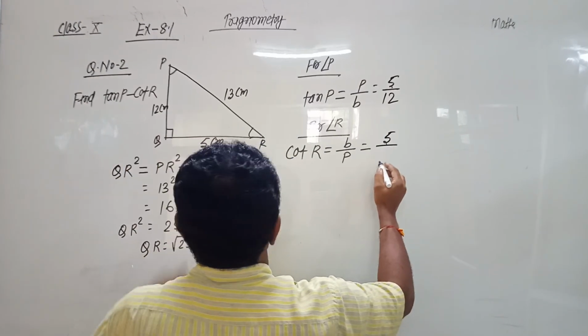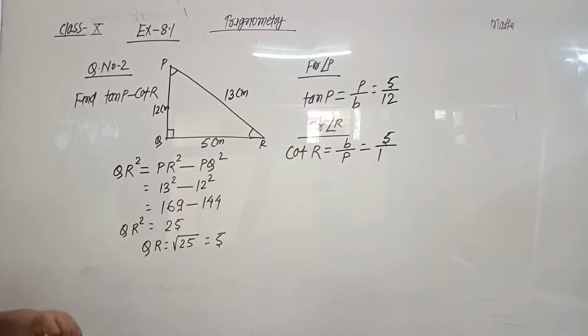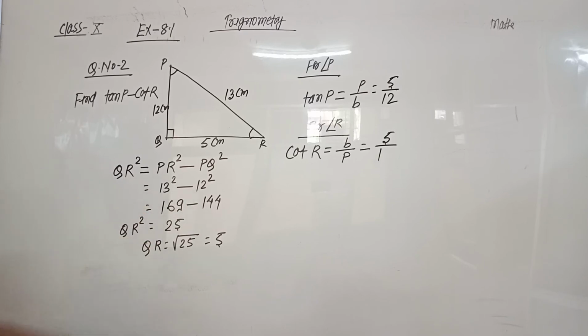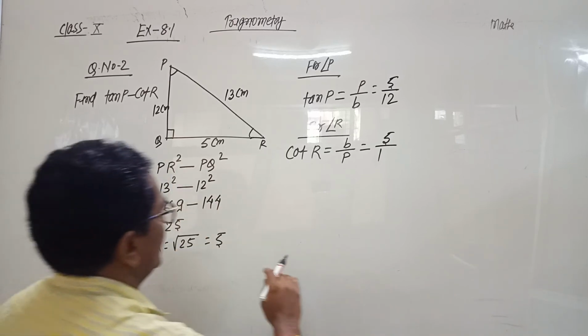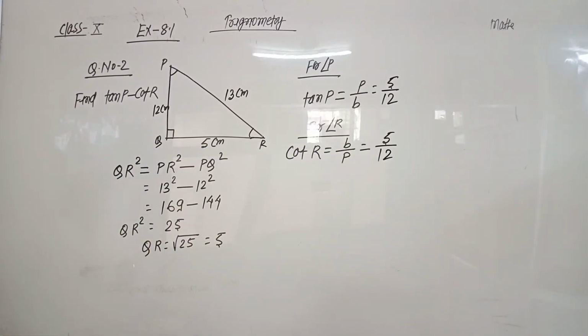So cot R equals base upon perpendicular, which is 5 by 12. For acute angle P, perpendicular was 5 and base was 12, and for cot R, base is 5 and perpendicular is 12.